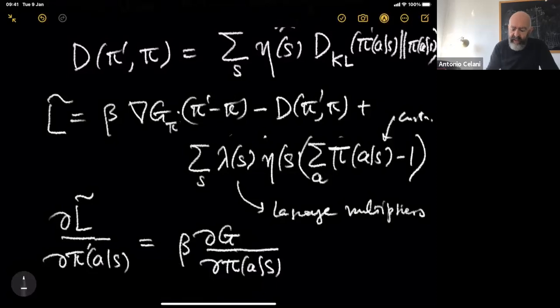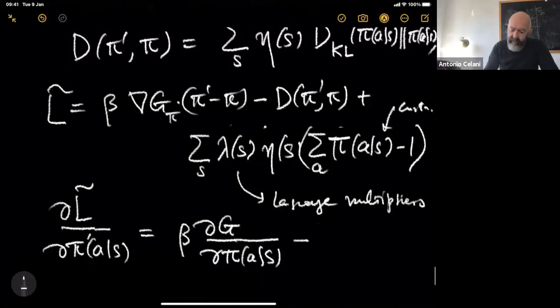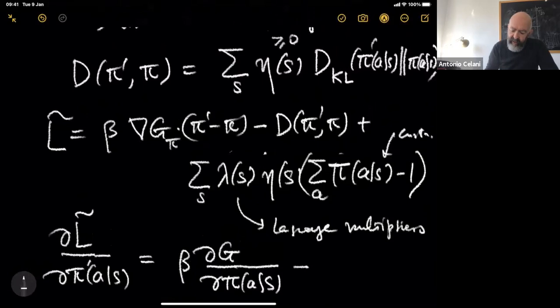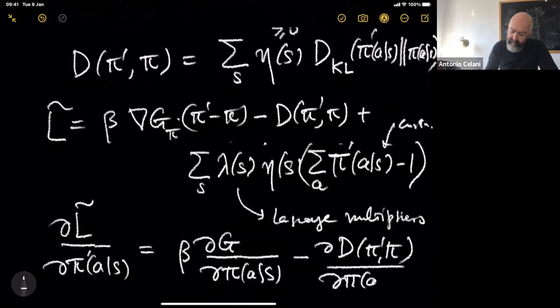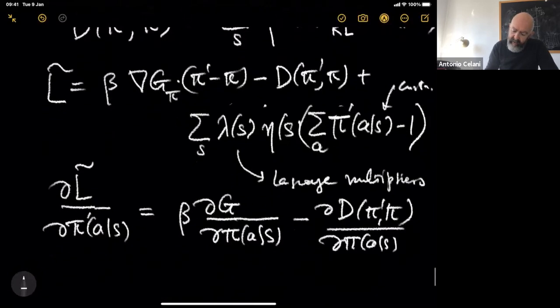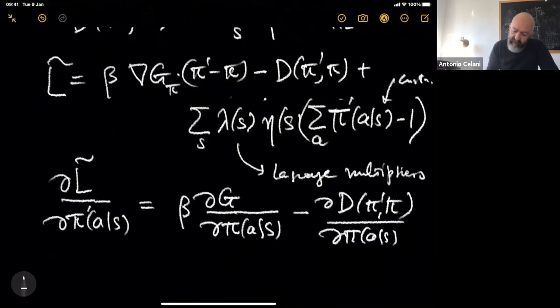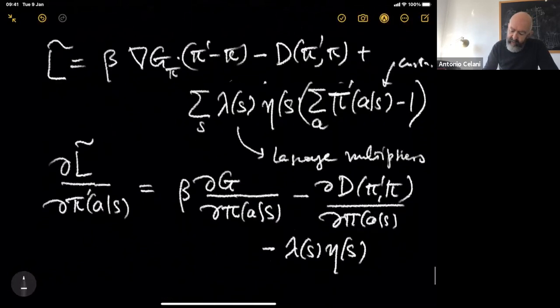Then I have to take the derivative with respect to pi prime a s of the distance. And then if I take the other derivative, I get minus lambda s eta s. And all of this will have to be 0.